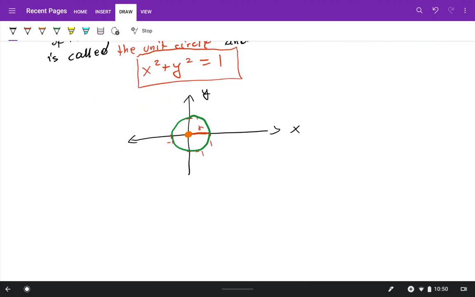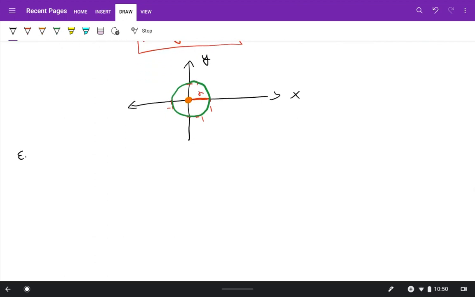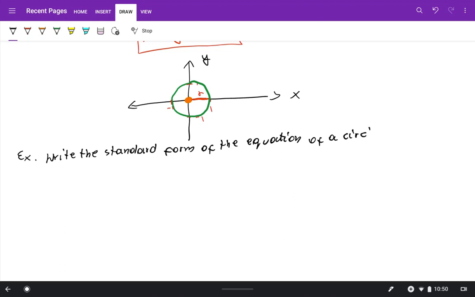Okay, let's do some examples. Write the standard form of the equation of a circle with radius 5 and center -3, 6.